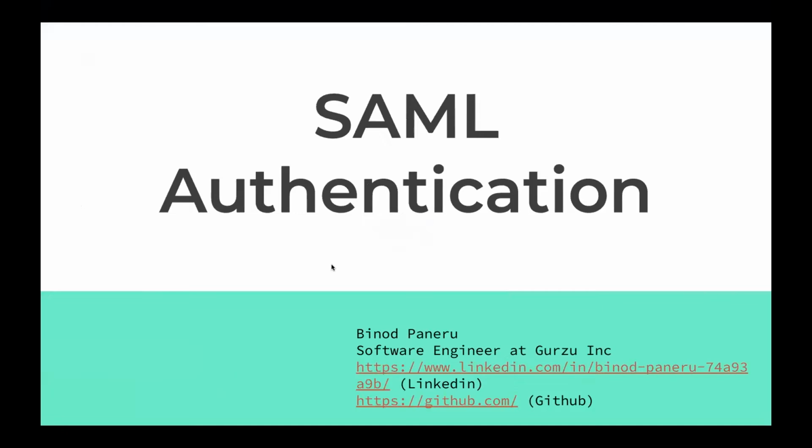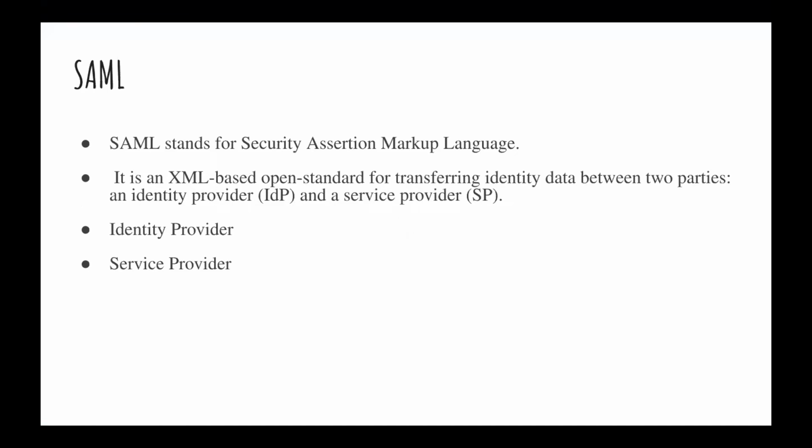Before jumping into how it is integrated in the Ruby app, I would like to give something about SAML authentication in a few slides. Basically, SAML is the Security Assertion Markup Language. It is based on two parties called the IDP and the service provider.